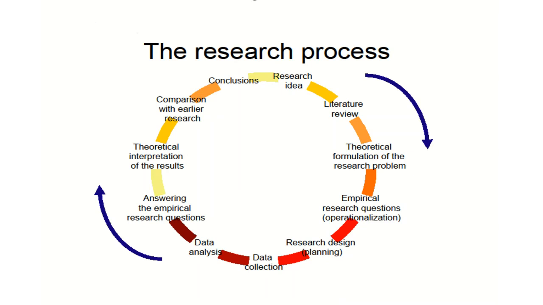The next, so you can imagine that when we talk about a research idea, your first chapter might be telling your reader, which is the examiner, what your research idea is. So chapter 1 generally is an overview of your study.